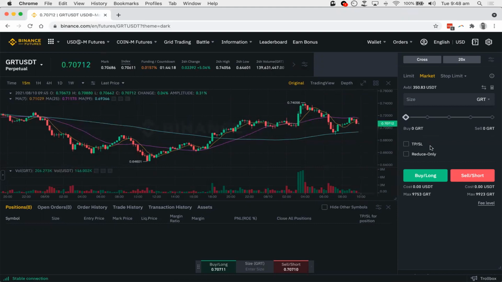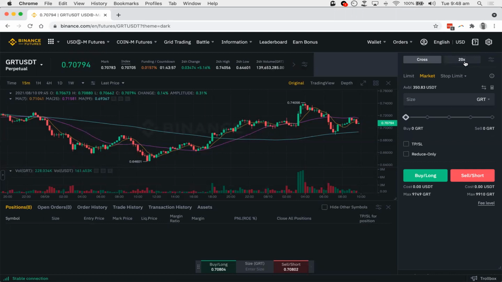But before I buy, I need to ensure I've got the correct leverage set up. We recommend a leverage type for each trade. Some trades are short and sharp, and there's a possibility of winning 1 to 2%. On those trades, we would recommend a higher leverage.